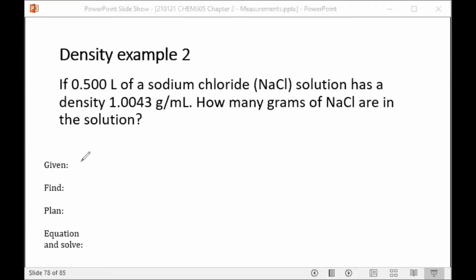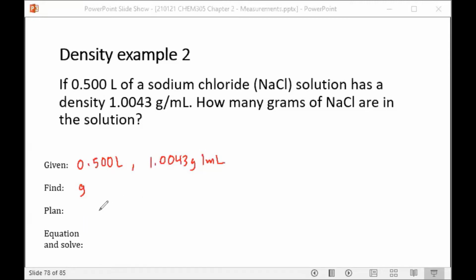Okay, so let's set this up. We're given 0.500 liters of solution, and we're also given the density, 1.0043 grams per milliliter. And we want to find grams of sodium chloride.